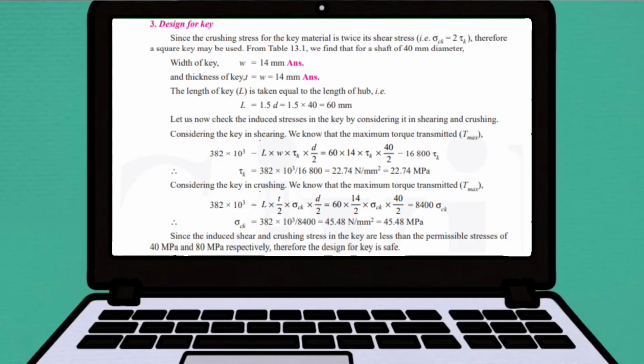Let us now check the induced stresses in the key by considering it in shearing and crushing. First, considering shearing, we know that the maximum torque transmitted would become as follows.